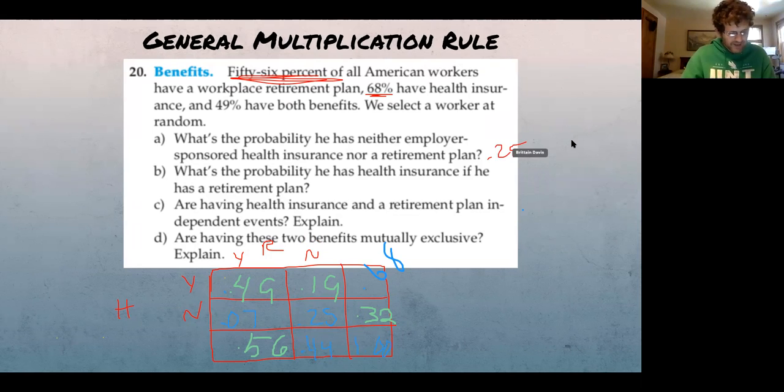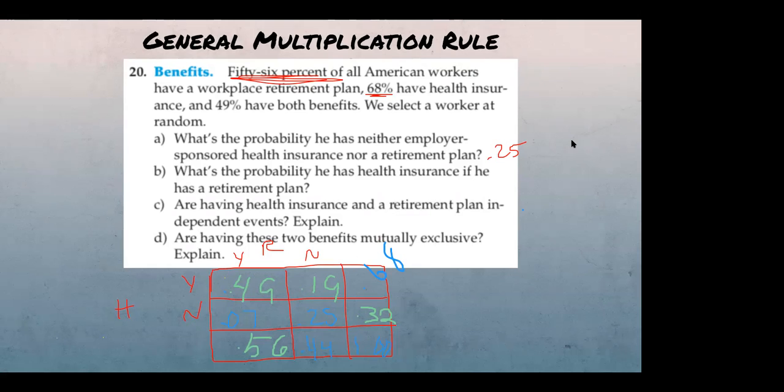What's the probability that he has health insurance if he has a retirement plan? Ooh, this one's a little tougher. I got 0.125.